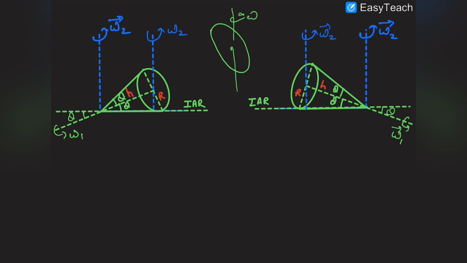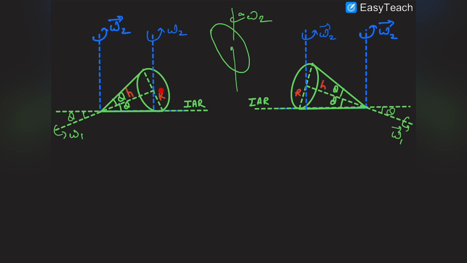And the rotation velocity of this ring would be the same as the orbital angular velocity, which is omega 2, because as this center of mass would cover the half circle, it would also turn by 180 degrees. So their half time period is the same, and therefore their angular velocities are the same.